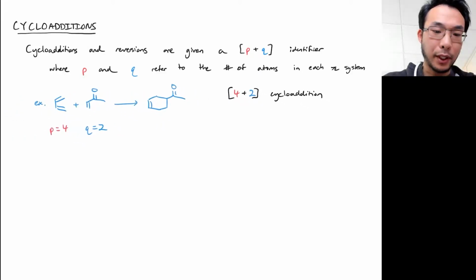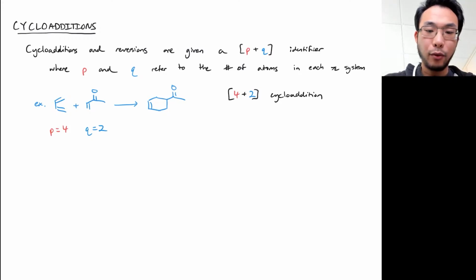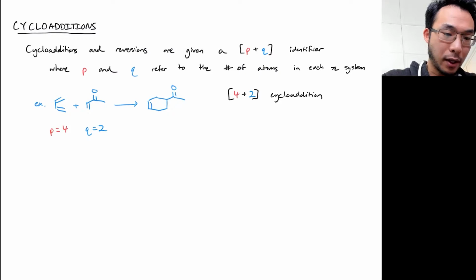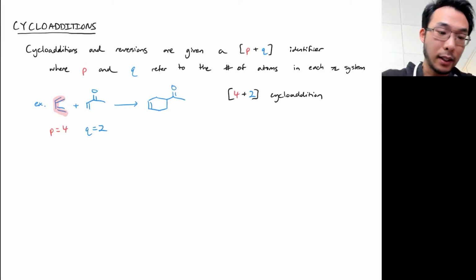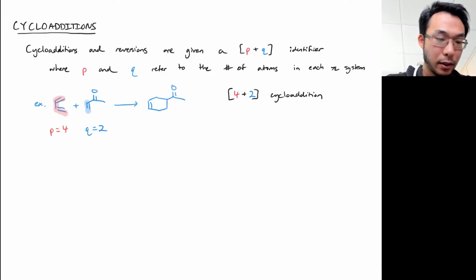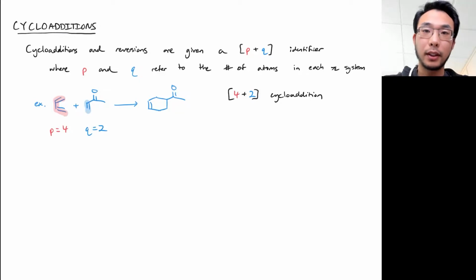So for example here, this is a 4 plus 2 cycloaddition in which it looks like the 4 carbon atoms of this pi bond are joining the ring, and the 2 carbon atoms here are going to be part of the final ring. So you'll notice that it's not the number of electrons or the total number of atoms in a pi system, just the number of atoms that are becoming part of the new ring.